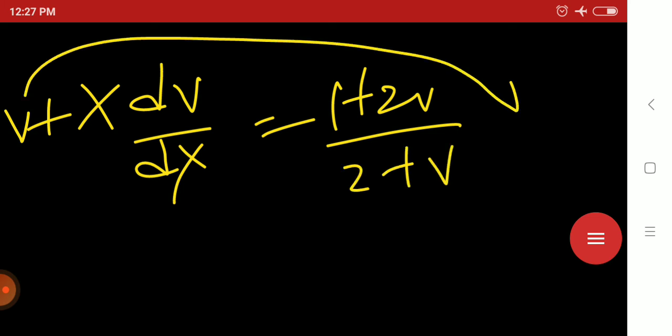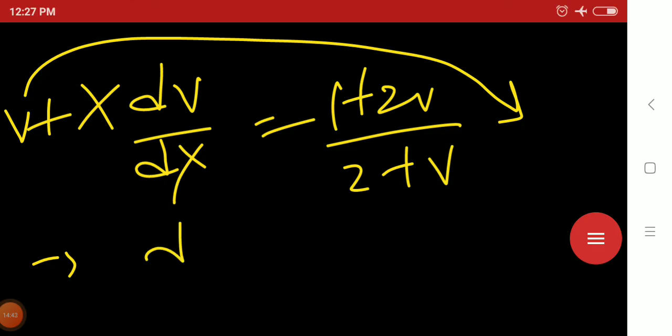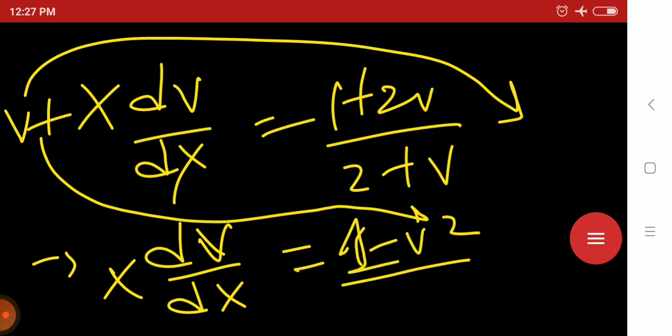Now this v will go here and will turn into minus, so x dv by dx equals 1 minus v square by 2 plus v.